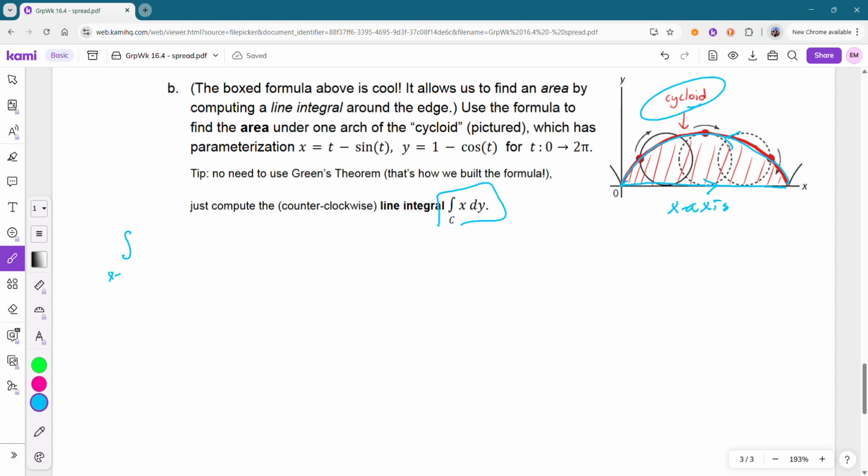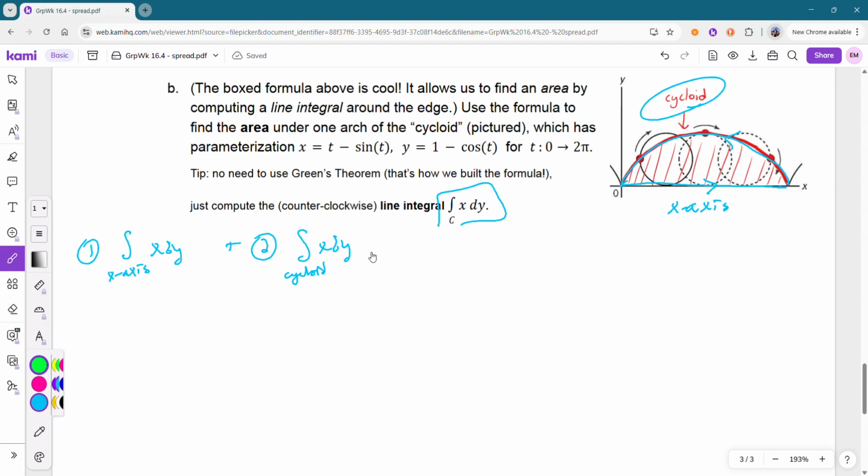We'll have the x-axis piece of x dy, and then we'll need to add that to our cycloid portion, x dy. In each of these, they follow the standard process for computing line integrals. We want to first parameterize our curve, and then use that parameterization to translate our integral.